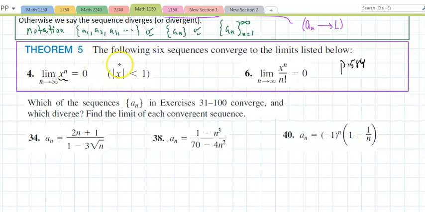But an exponential function is a function in which the base is bigger than 0, not equal to 1. This says if the base is between -1 and 1, this will be 0, something I'm going to use.